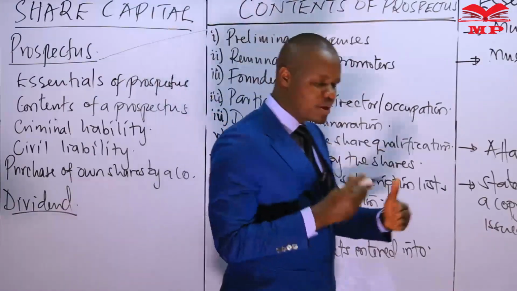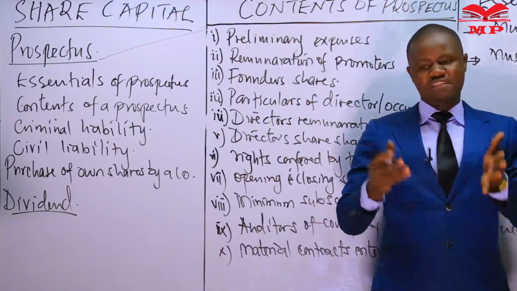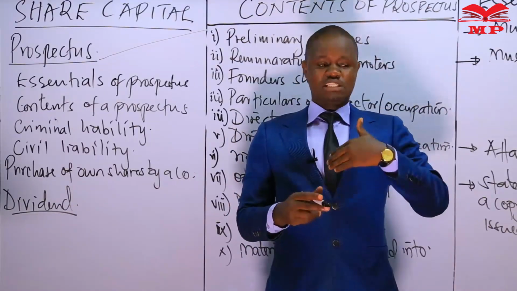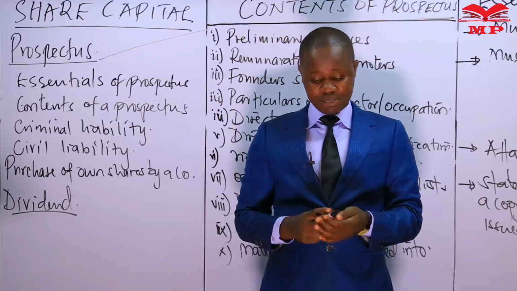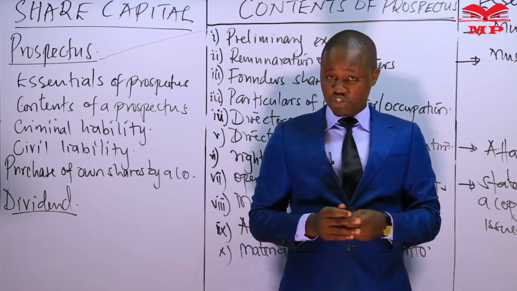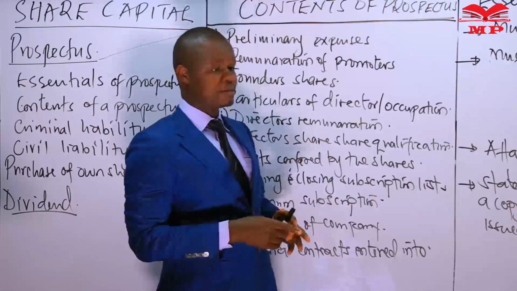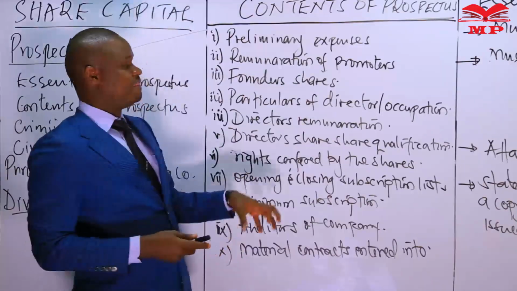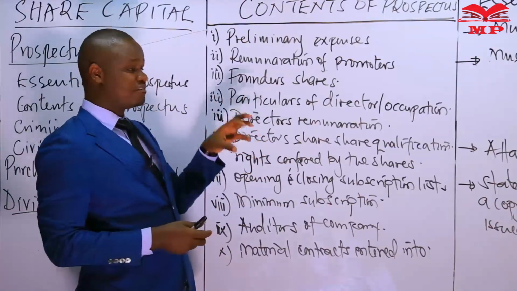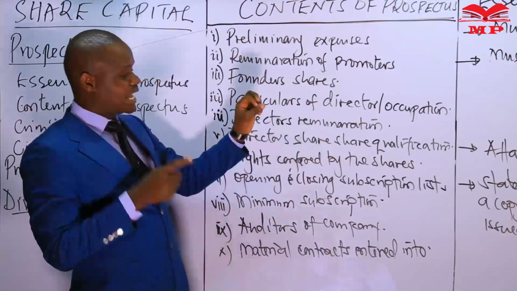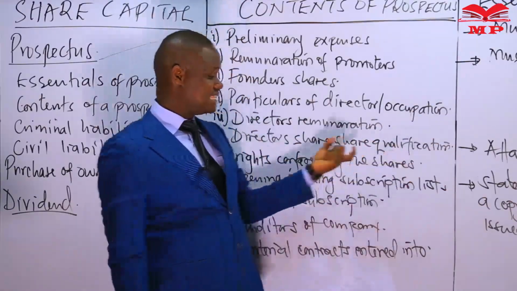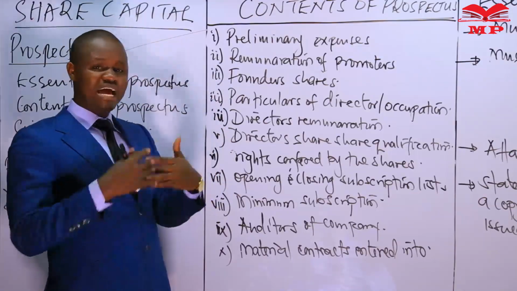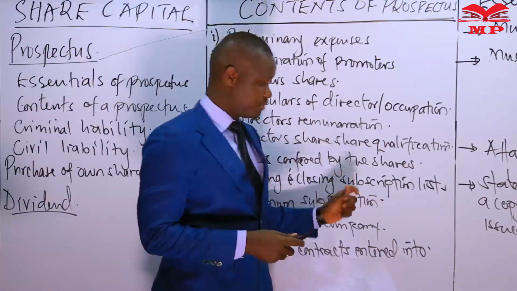Now, the preparation and the issuing of a prospectus is subject to very strict rules, such that we have a lot of liability that has been created in relation to the preparation and the issuing of prospectuses to ensure that companies comply with these rules. There will actually be liability on the part of directors, experts, or any persons who have been named as directors in this prospectus for non-compliance with some of the requirements of the Act relating to the issue of the prospectus.